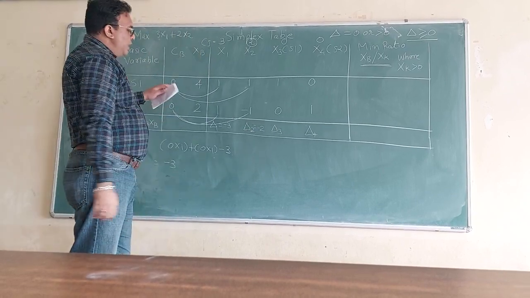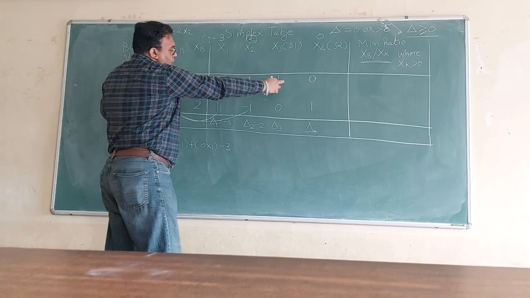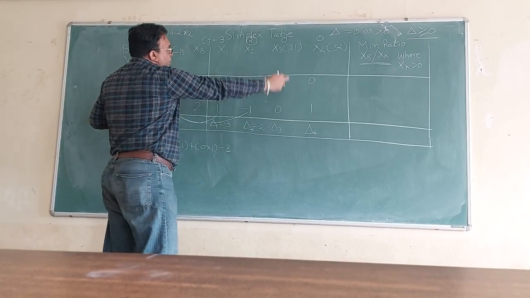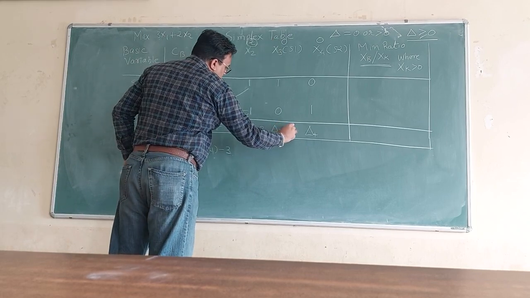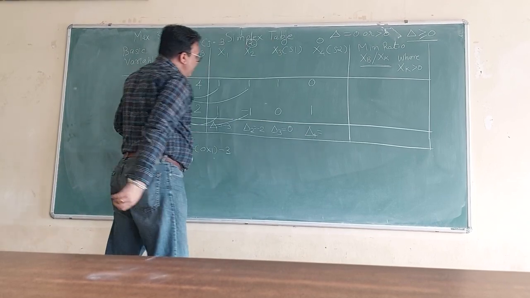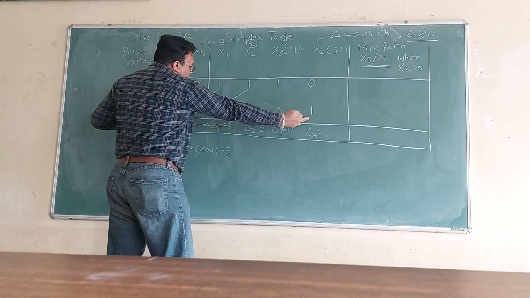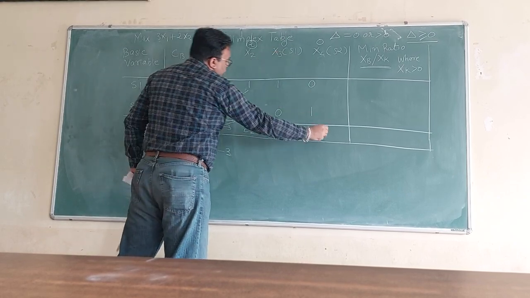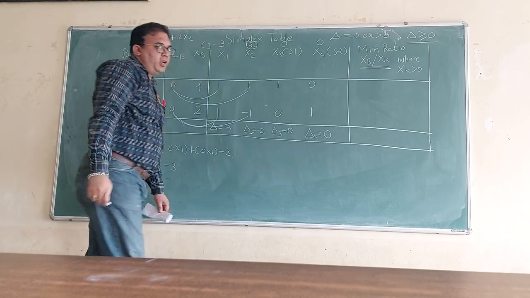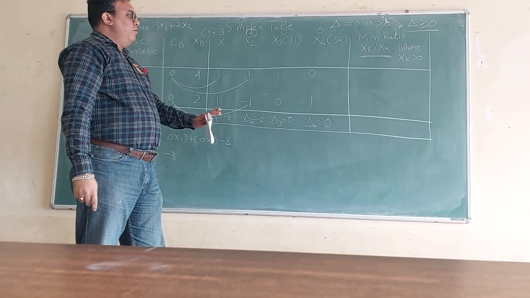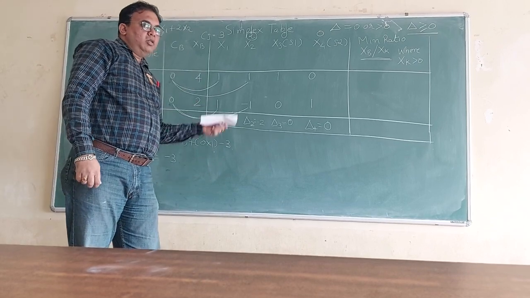Now for delta 3, 0 into 1 is 0 plus 0 into 0 is 0, minus 0, so 0. Same way delta 4: 0 into 0, 0 into 1, 0 minus 0, so that is also 0. So we have found all the delta values. Now we have to focus on the delta values.